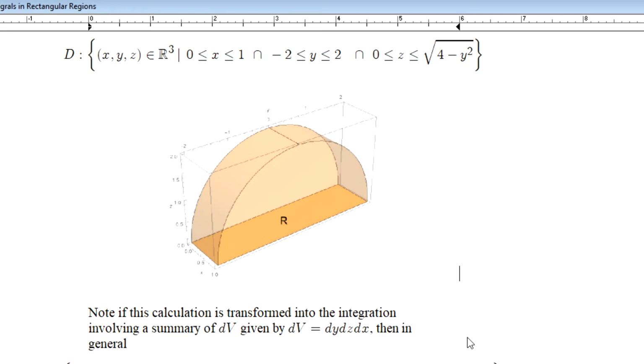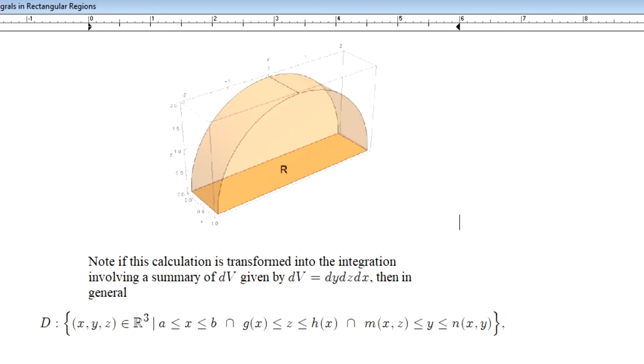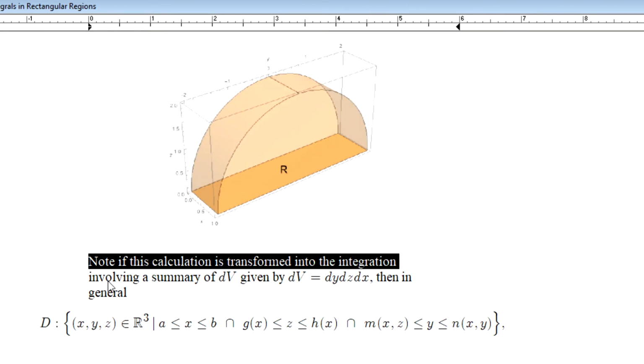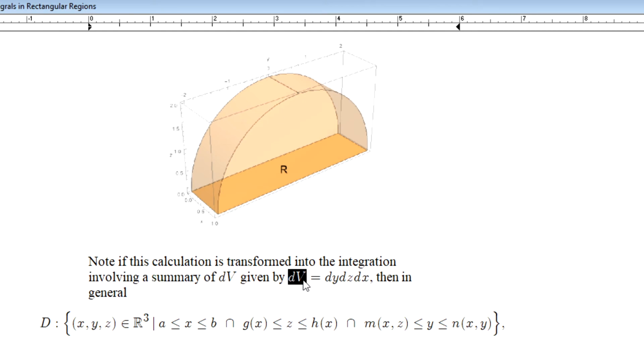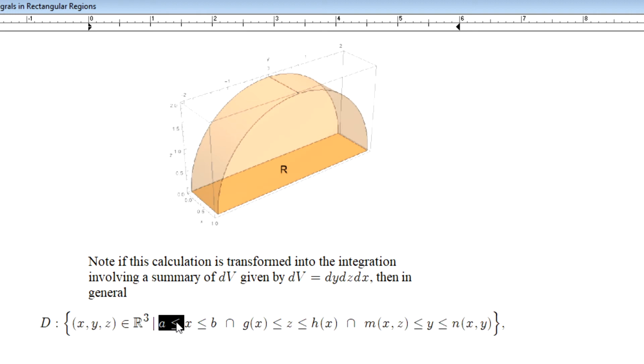Given the integration that we have, if this calculation is going to be transformed into the integration involving dv equal to dy, dz, dx, where we change the order of dy and dz, then in general what we're looking for is a description of D that looks like this, where x is going to remain between constant bounds of a and b, z might define itself between functional bounds of x, g of x and h of x, and now our descriptions of y have to occur between these multivariable functions of x and z.